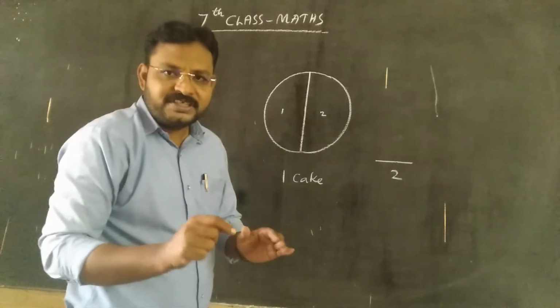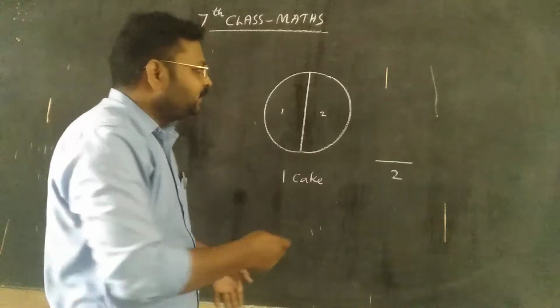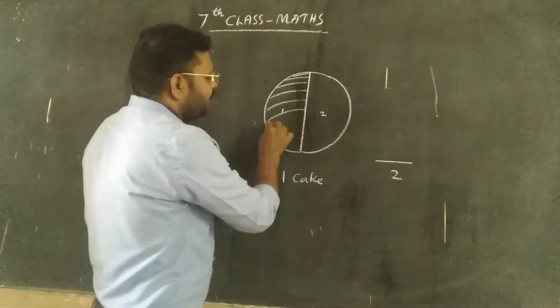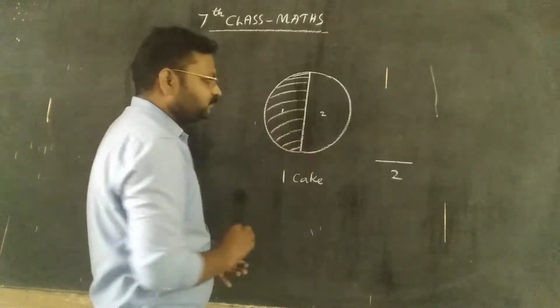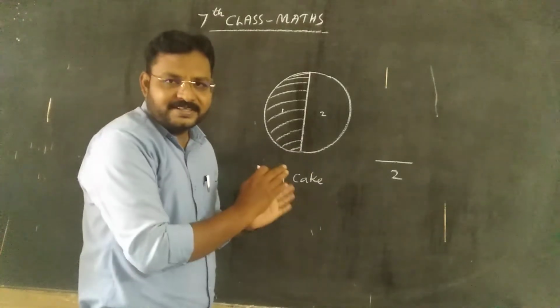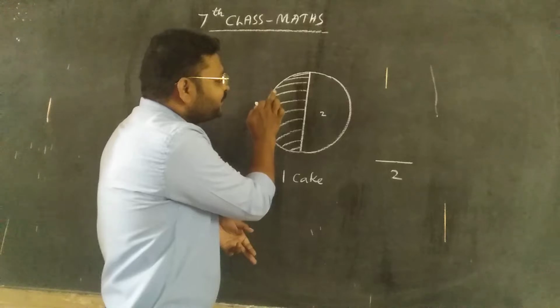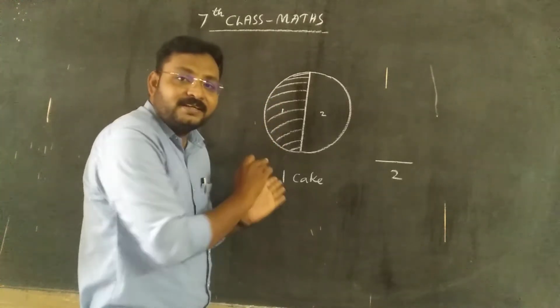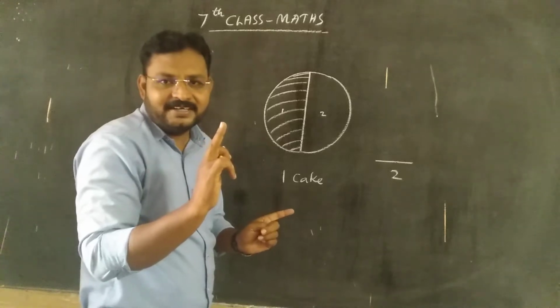If you want to shade one region here, for example, I am going to shade this region. I shaded one region only. To name this region, how many parts did we shade here? One part is shaded.